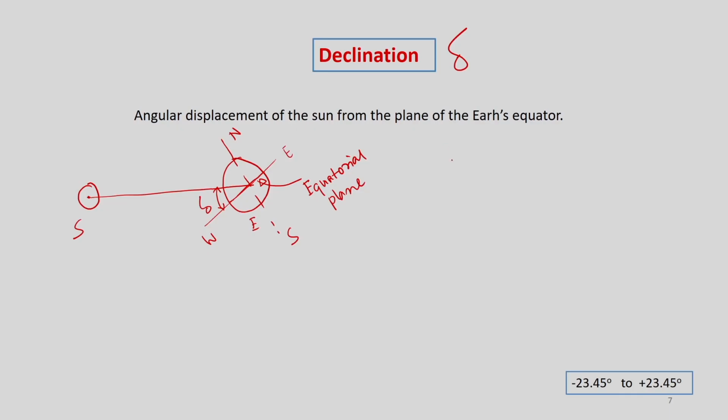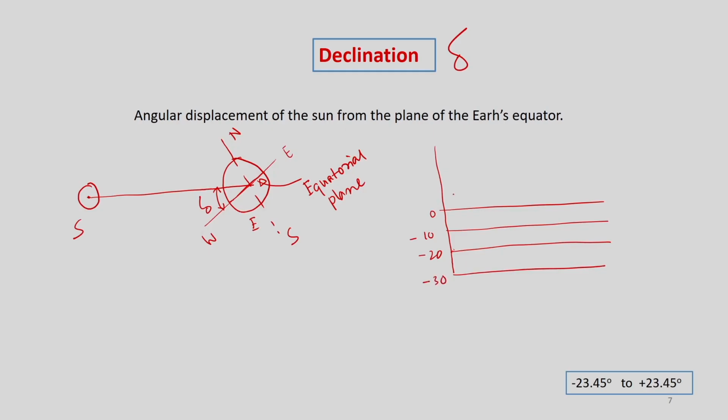For example, to show the variation of declination throughout the year, that is, the variations in the sun's declination, we can study it. Maybe we can put 0 here, then minus 10, minus 20, and minus 30, and here 10, 20, 30.